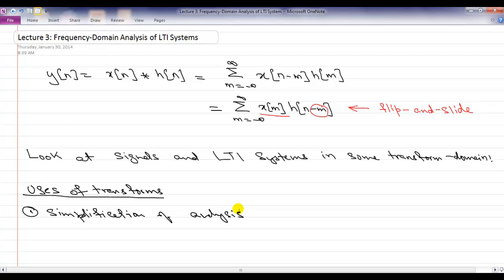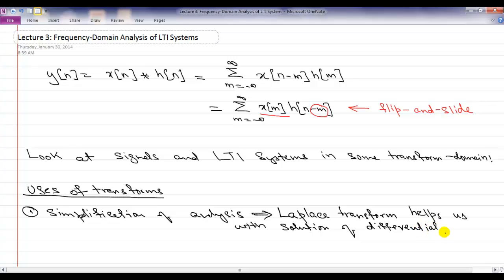What is a good transform to use for solution of differential equations? Laplace transform. Right? So the Laplace transform helps us with solution of differential equations. That's just one use of the Laplace transform. But in general, transforms can help us do simplification of analysis.